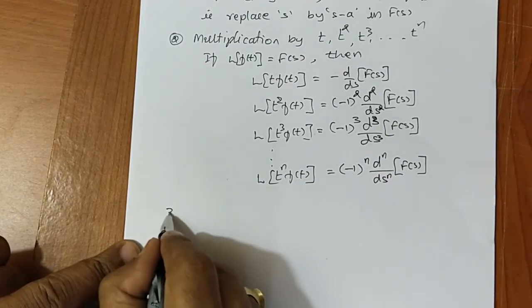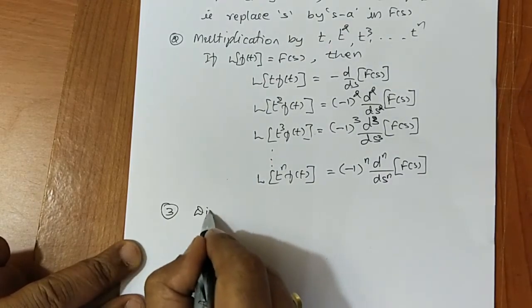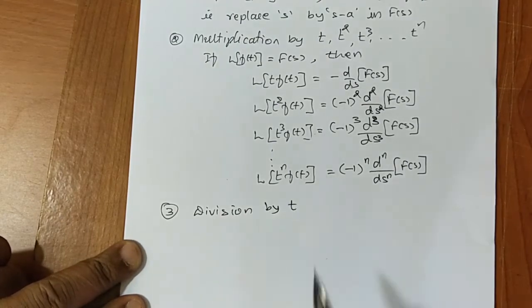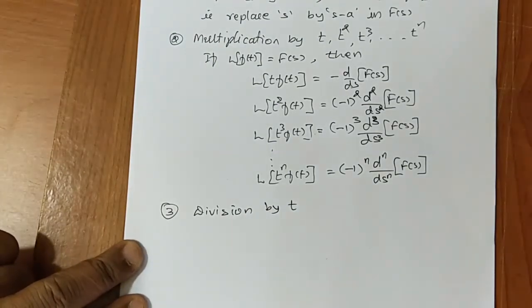The third one is division by t. I have to divide f of t by t. What is L of f of t by t?